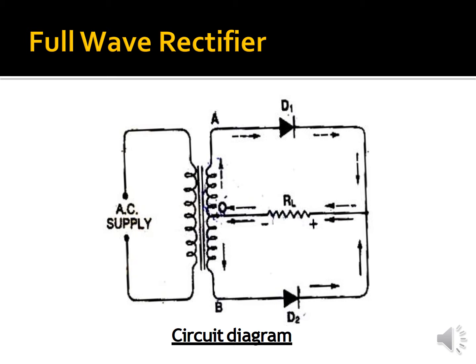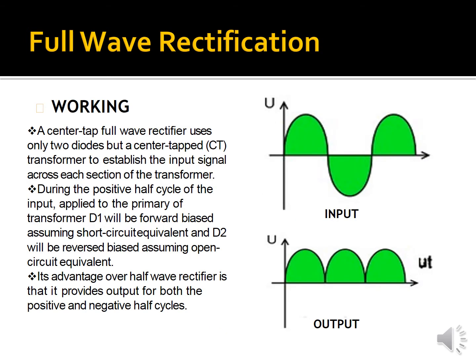If the first diode is forward biased, we get the waves in the positive direction, and if D2 is reverse biased, we get the negative cycle. So depending on the biased region, the diodes conduct the positive half cycle and negative half cycle.